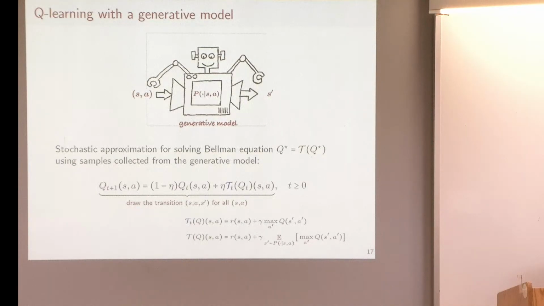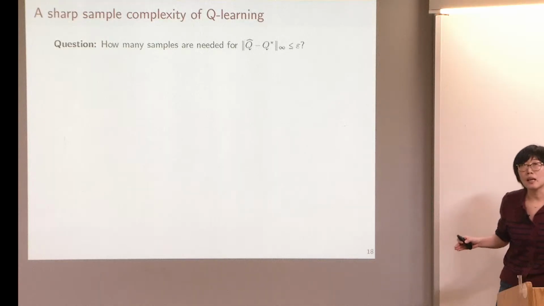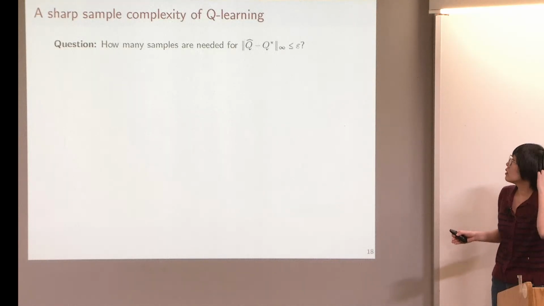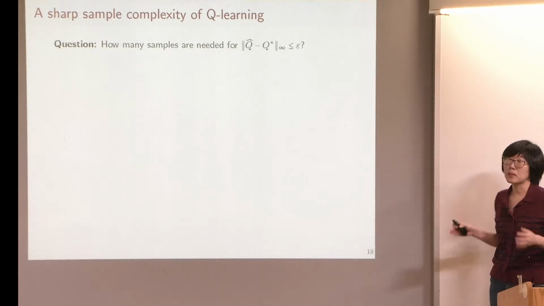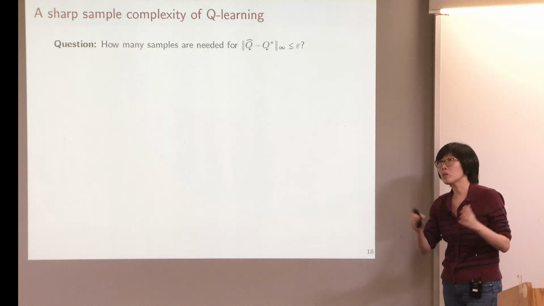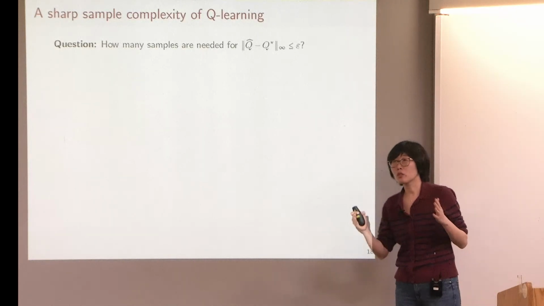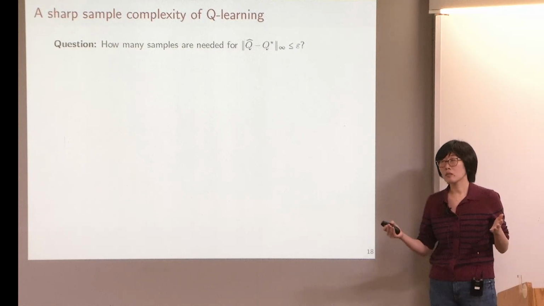But surprisingly, there has been a lot of analysis of the sample complexity of this algorithm. And we only got a sharp sample complexity very recently. So the question we care about: assume you want to learn the optimal Q function in an entry-wise manner up to some epsilon accuracy.